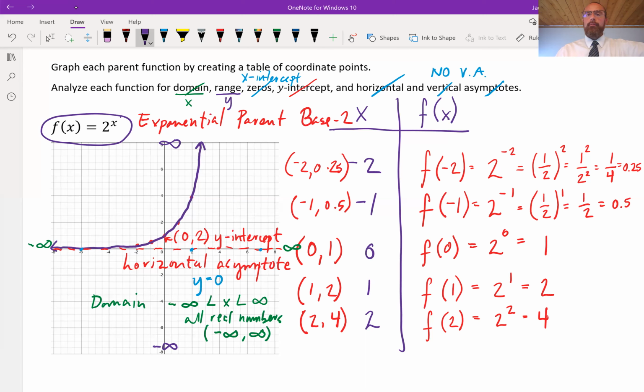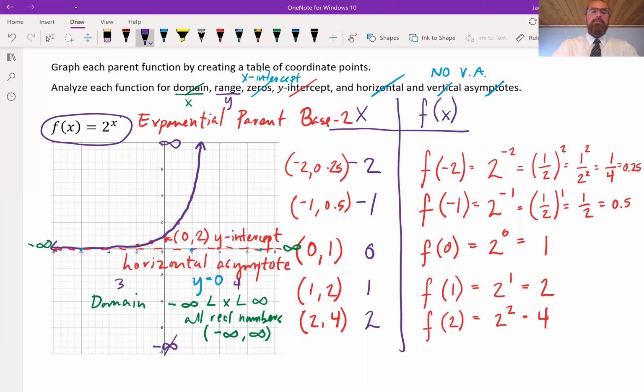Now there's a clue here for us for the range. We've got a horizontal asymptote. And remember, an asymptote's an imaginary line that the graph does not cross, does not touch. So if I've got a horizontal asymptote, it means my y values start right above it and go up. Below it, the graph just doesn't live there. It's not present. So I'm not going to go from negative infinity, because down here in quadrants 3 and 4, the graph does not live there.